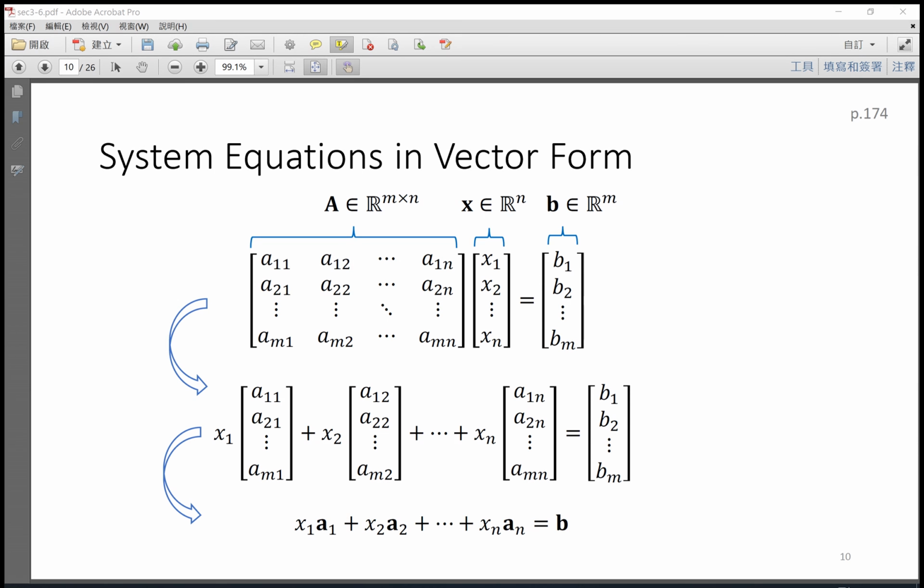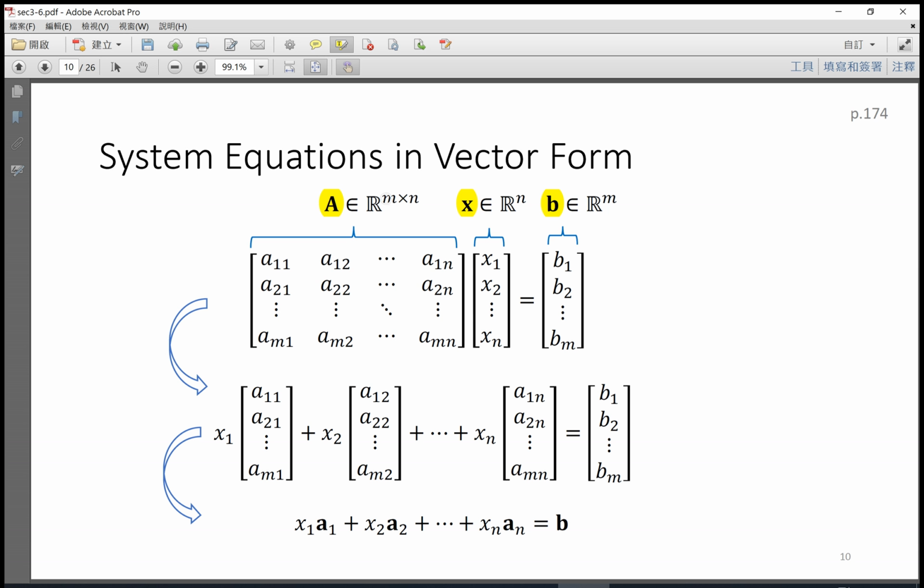Next, I will discuss the solvability of linear equations and its relationship with the column space. Given a linear equation AX equals b, where A is an m times n matrix.